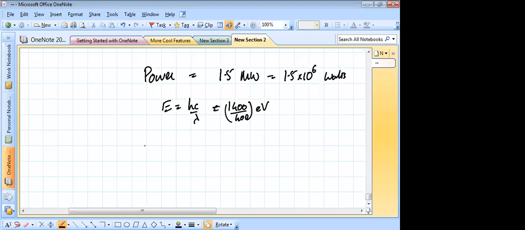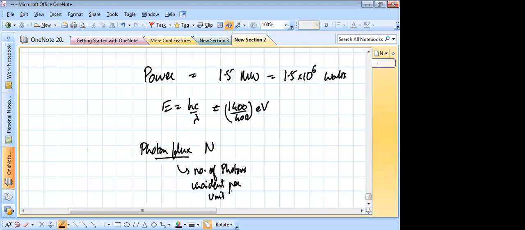So anyway, the photon flux, let's see, n, that is number of photons incident per second, per unit time. That will become this power divided by energy of photon. So it is 1.5 into 10 raised power 6 divided by hc by lambda.